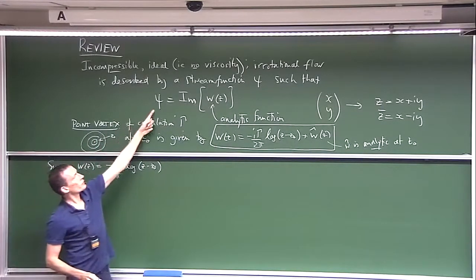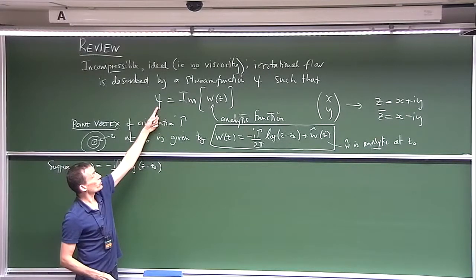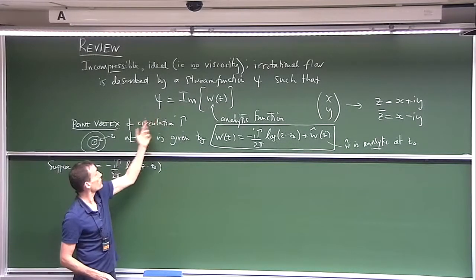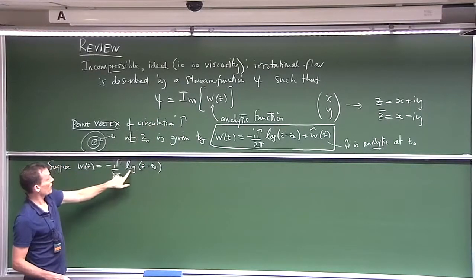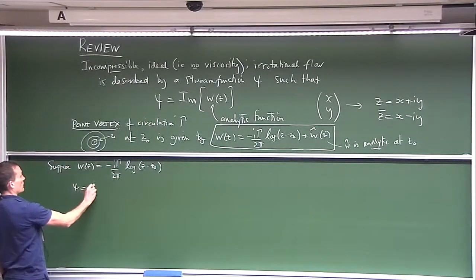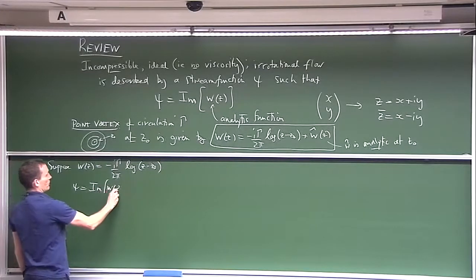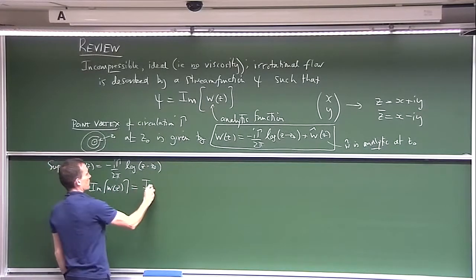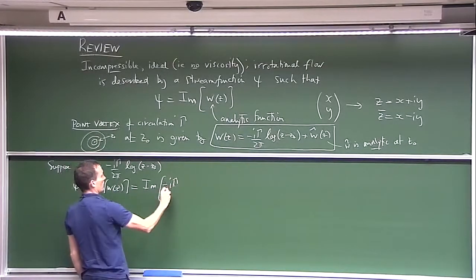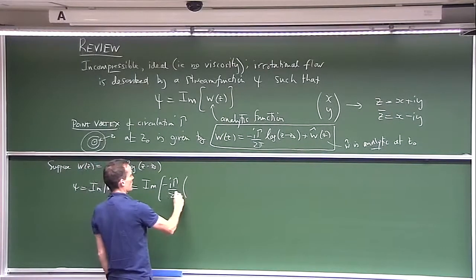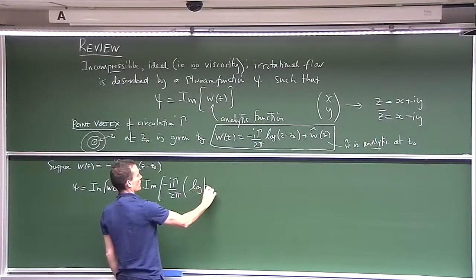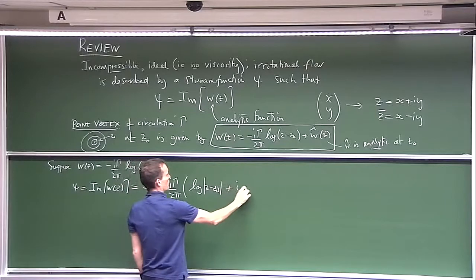Well, remember, the streamlines are the contours of this stream function. So lines of constant psi are the streamlines. And so let's work out the imaginary part of this thing. Just remember that the complex logarithm looks like this: log of the modulus plus i times the argument.